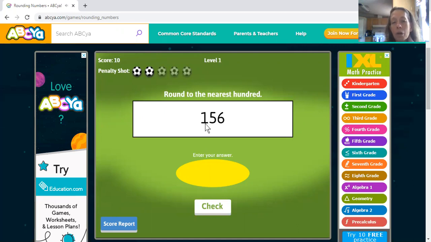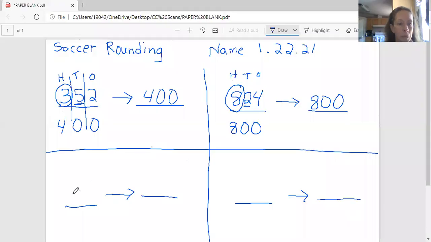My next number, how do we say this number? 156. Okay, so let's take 156 and move it over to our paper. Right down here, and we're going to write 156.